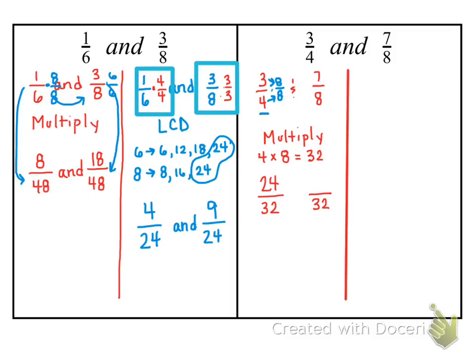I look at 7/8. I need to figure out 8 times what is 32. I know 8 times 4 is 32, so I'm going to multiply this by 4 over 4. I know 8 times 4 is 32, and 7 times 4 is 28. So my new fractions with common denominators are 24 over 32 and 28 over 32.